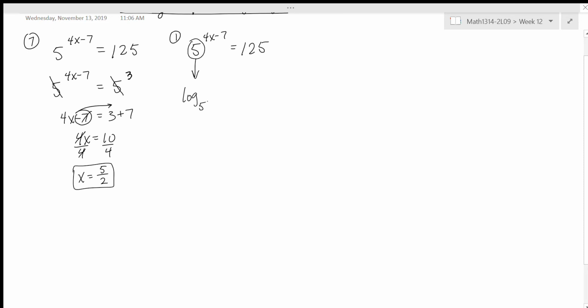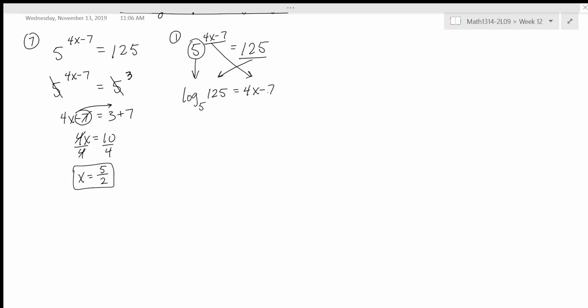And what's the rest of it? Switch the other two around. So that's going to give me log base 5 of 125 equals 4x minus 7. And now you've got something you can button push. Right? With your nice Casio or your TI-36X Pro.